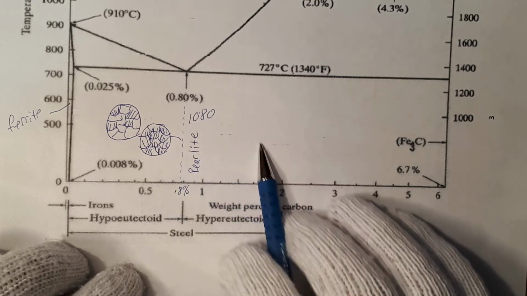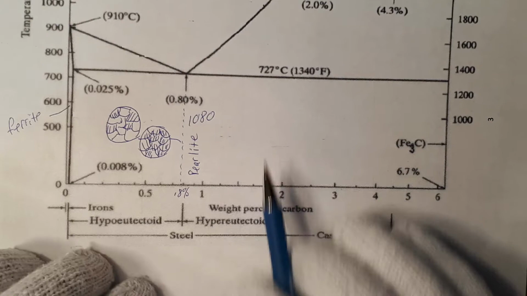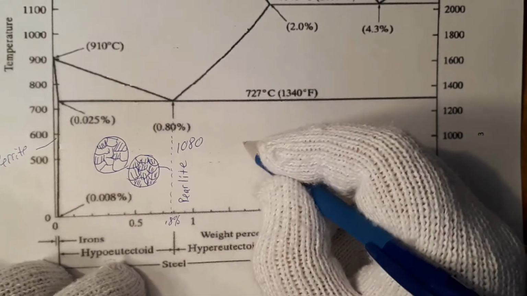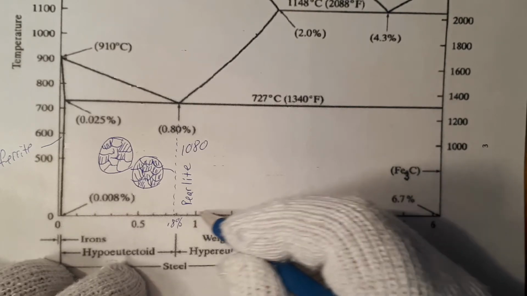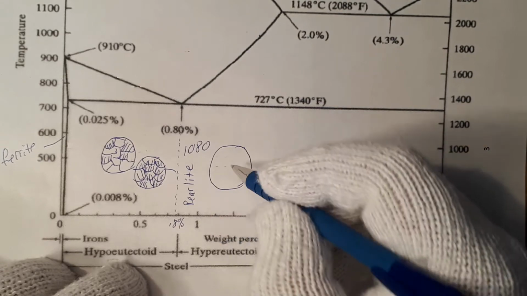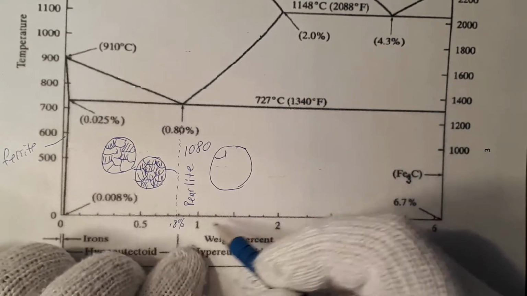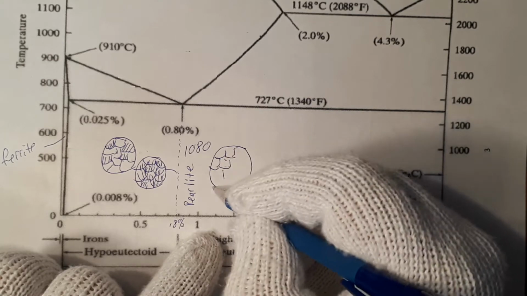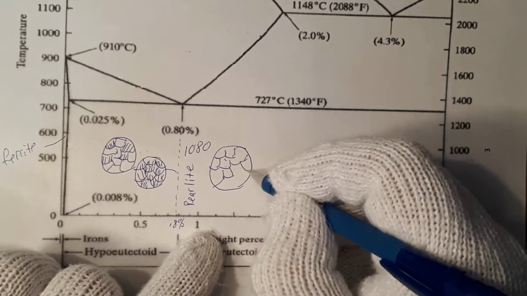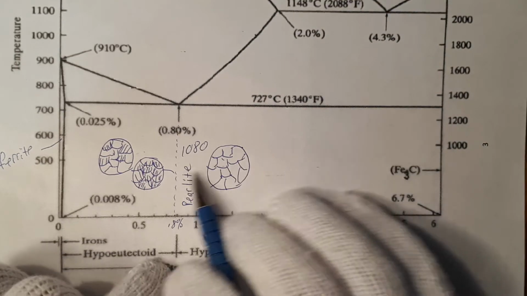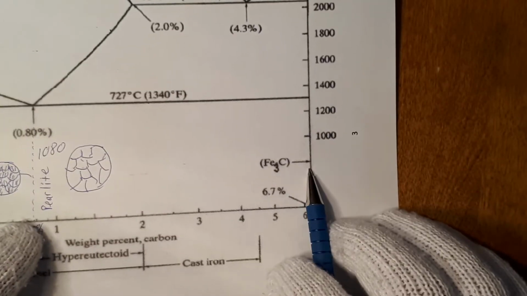If I were to look at the right-hand side, the hypereutectoid side, and again I want to see the microstructures, I would take, say, 1 or 1.1% carbon, and look at a steel made from that. This is what I would see. In the annealed state, it would be at grain boundaries. At the left-hand side, the microstructure is perlite, and on the right-hand side, the phase is cementite.